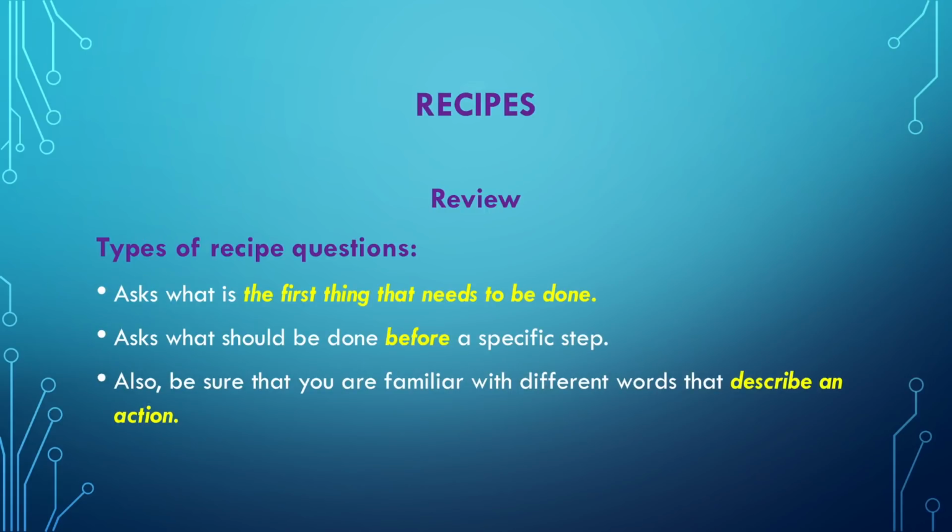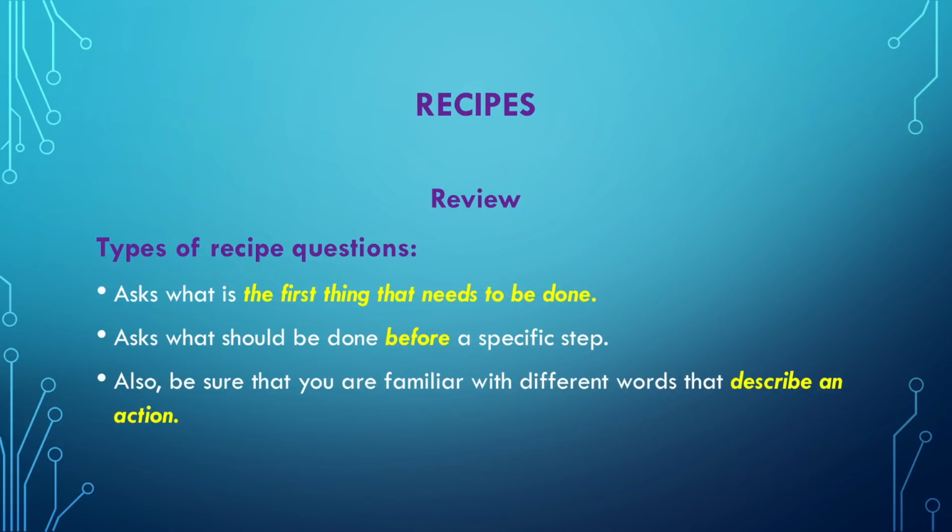So let's review what we just discussed about recipes. There are 3 different types of questions that could be asked about the recipe. The first one asks, what is the first thing that needs to be done? And we're going to remember to always check the ingredients list and see if there's an item that needs to be prepped in advance, like an onion chopped or beans rinsed.